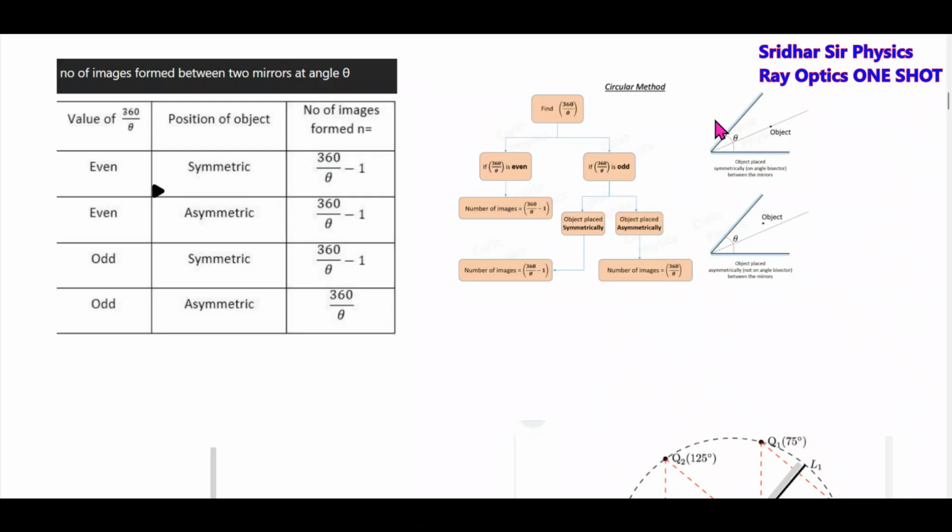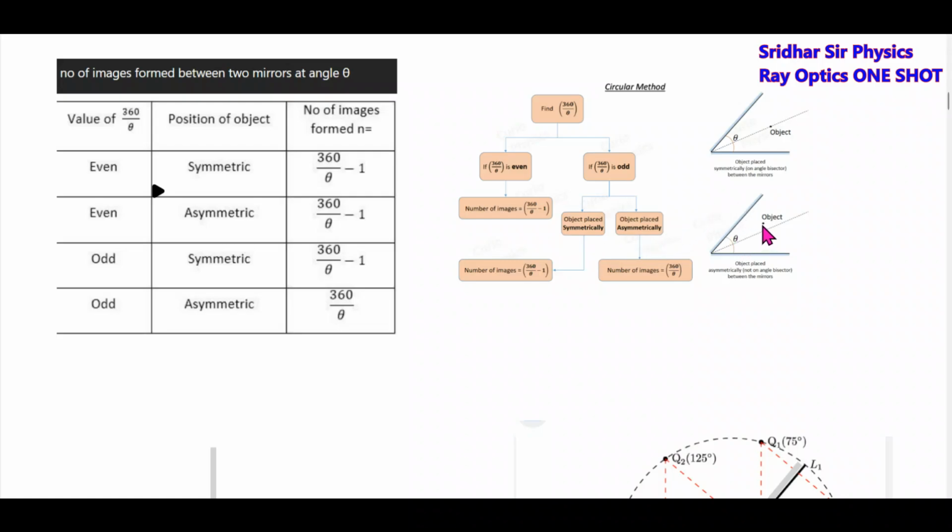Similarly, if it is kept symmetric and 360 by theta is odd, then the number of images is again 360 by theta minus 1. If it is asymmetric and even, 360 by theta minus 1 again. If odd and asymmetric, 360 by theta minus 1.